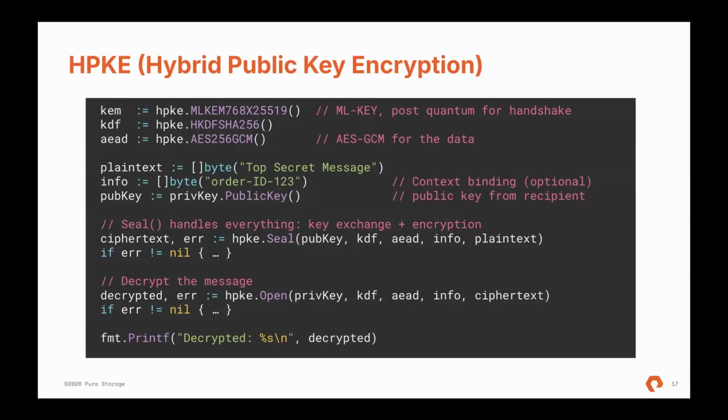And then you have some secret message or maybe the content of the file. You can add this context key to make sure that nobody can send it again. You have a public key of the receiver, and with just one call, you encode the text, you send it to the receiver, and the receiver having the private key and the parameters can decipher the text easily. So very simple.